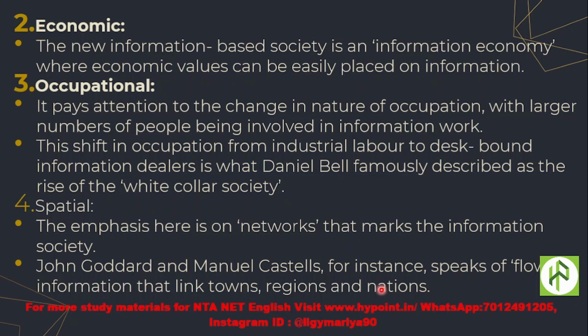This many people who viewed it belong to this region, and this many belong to another region. So you can tag people who belong to a particular region. In that way, this network can link towns, regions and nations in a cohesive form.